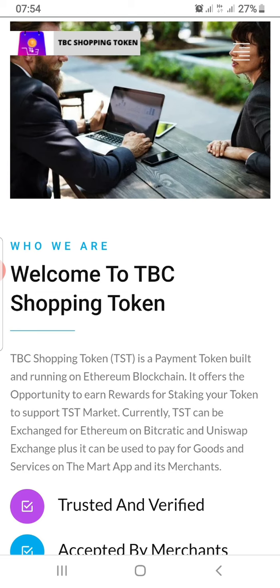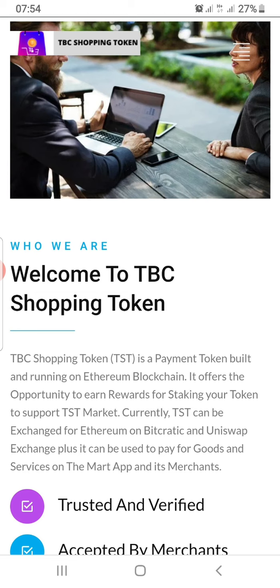Now, the word ecosystem means an interconnected system, which means different systems which are connected together either because of one thing or the other.